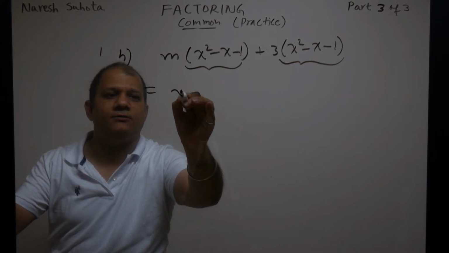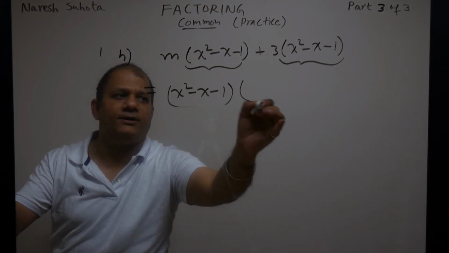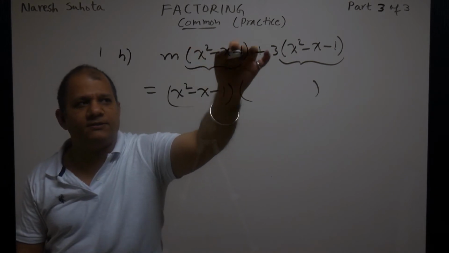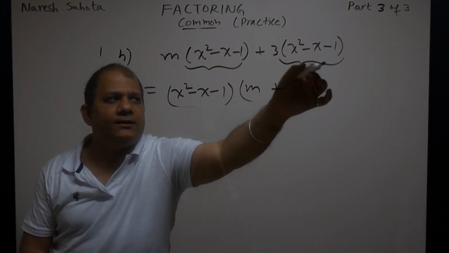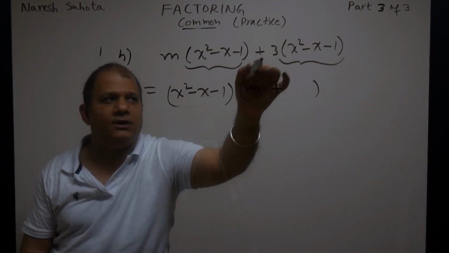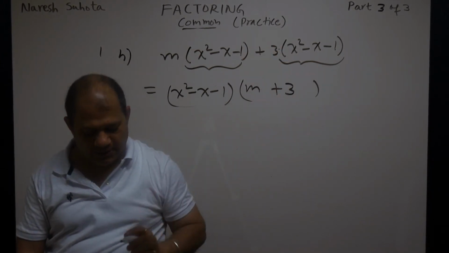So our common factor is x squared minus x minus 1. So this whole bracket is our common factor. And what am I left with? From here you pulled out this factor, now you're left with m. And here from this whole thing you pulled out a factor of x squared minus x minus 1, you're left with this other factor of 3. So that's the answer there.